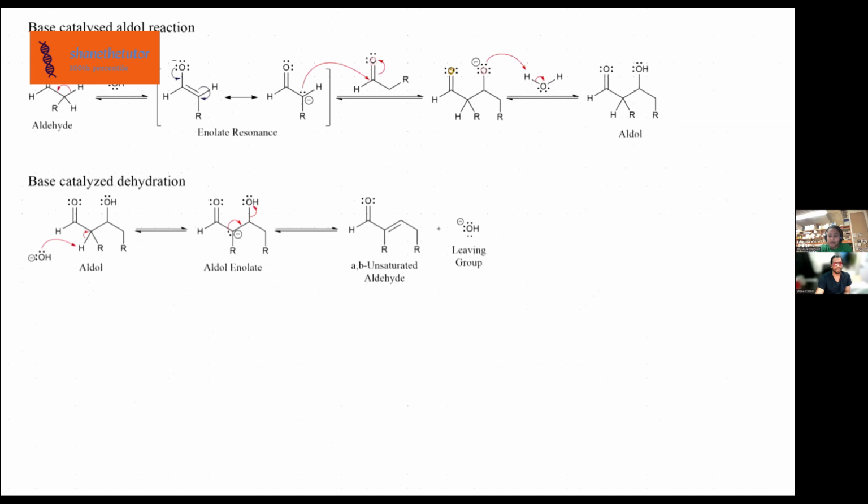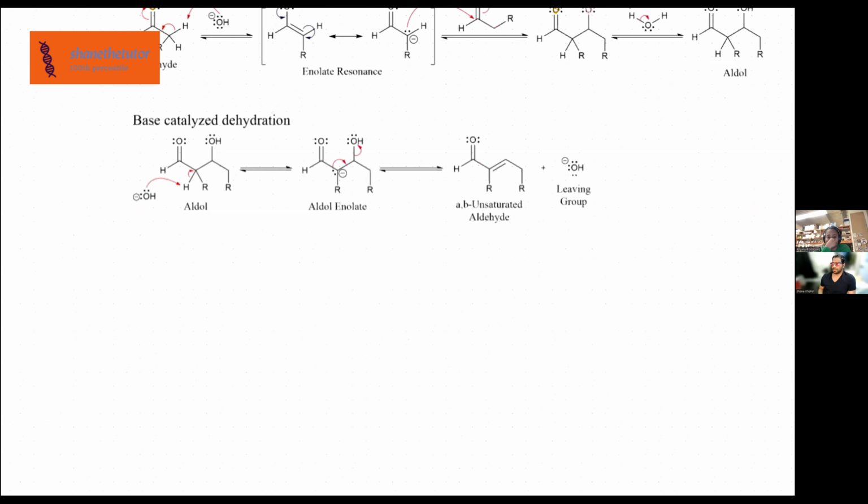Now, what can we do to be able to do this faster without doing the mechanism? So one of the tricks that you can do, and this works for any type of condensation reaction, is if you can, so I'm gonna draw H2O in a box.